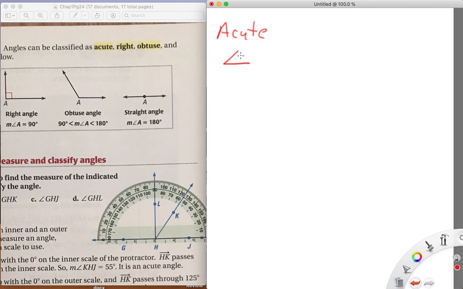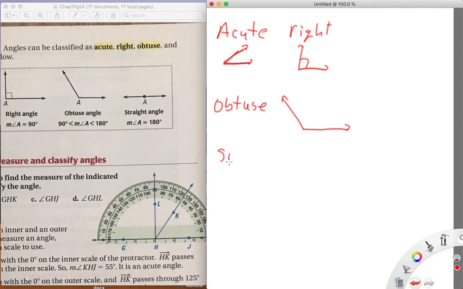So an acute would look like that. Right would look like that. Obtuse would look like that. Get my arrows so that they're raised.